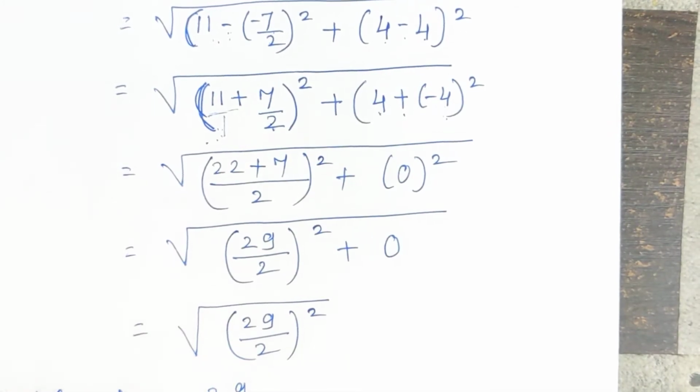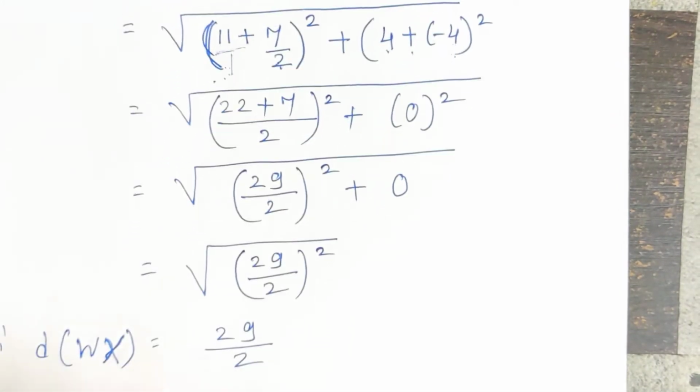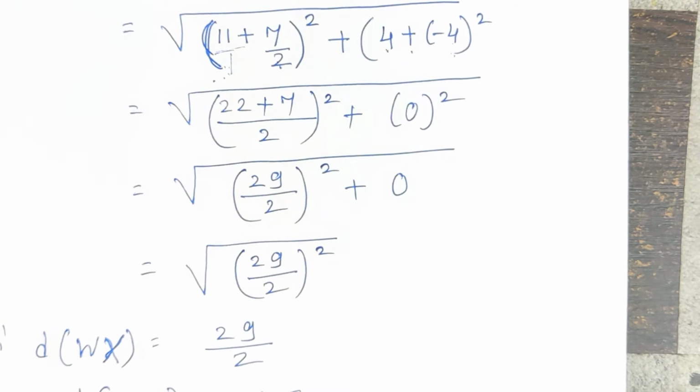So distance of WX equals 14.5. This way we have to complete the example, and finally at the end you highlight the answer. Distance between point W and X is 14.5.